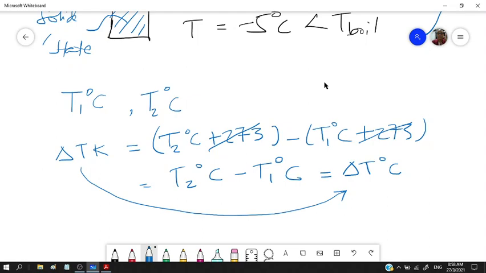If we are using delta T in our calculation, we don't need to add 273 to the delta T value. When you add 273 to the delta T value, it will give us a wrong answer.